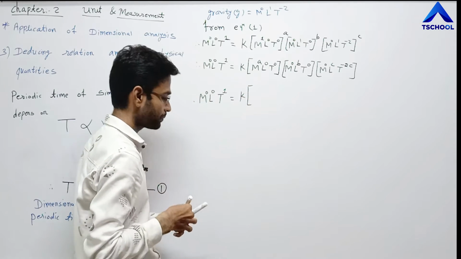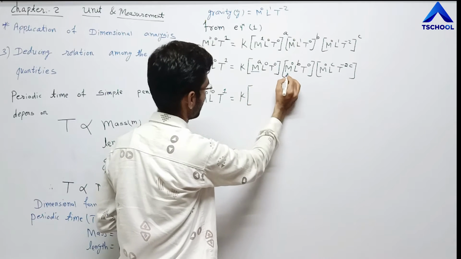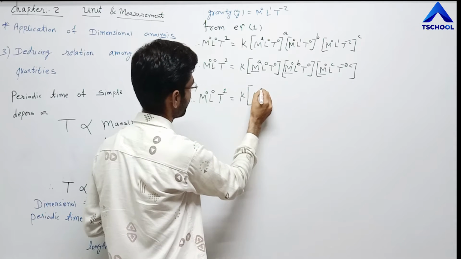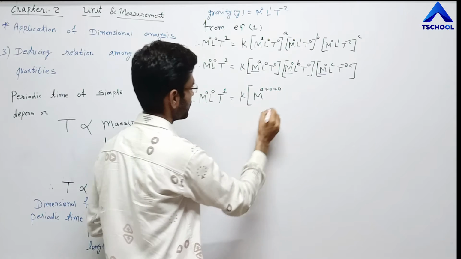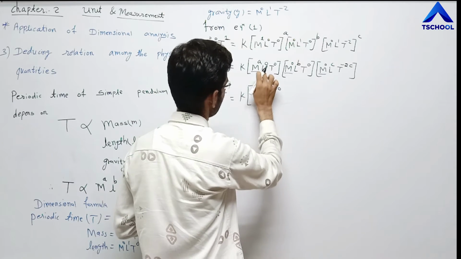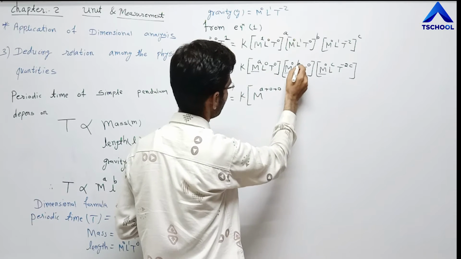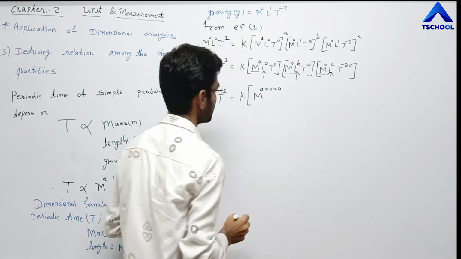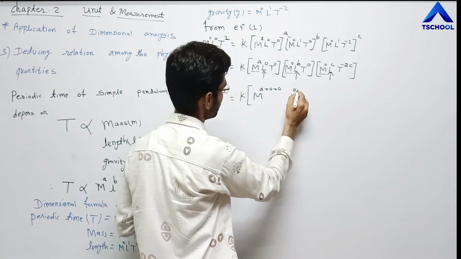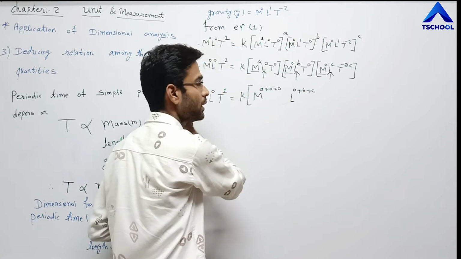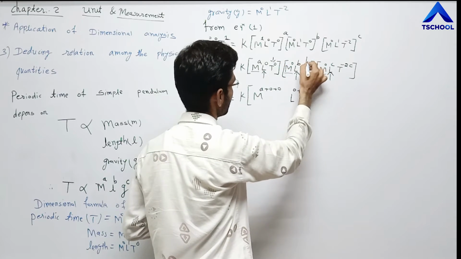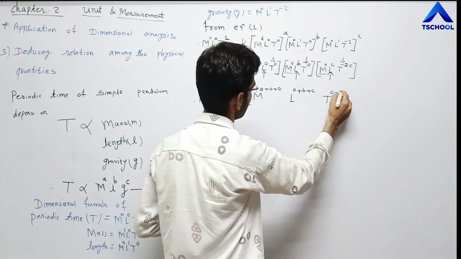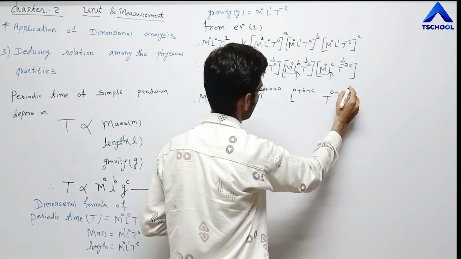Now m power a, m power 0 means m power a plus 0, into l power 0, l power b, l power c means l power 0 plus b plus c, and t power 0 plus t power 0 plus minus 2c.